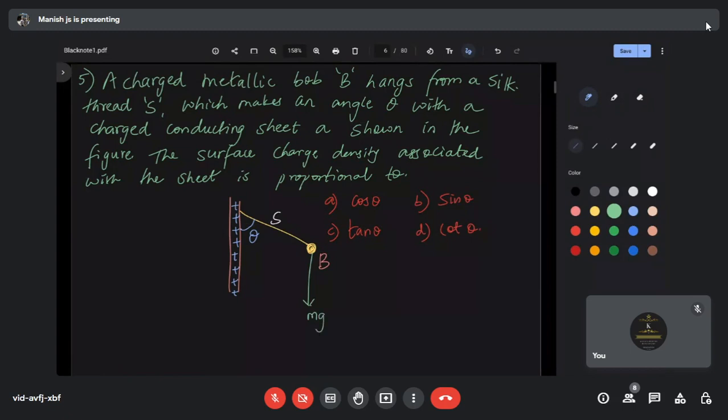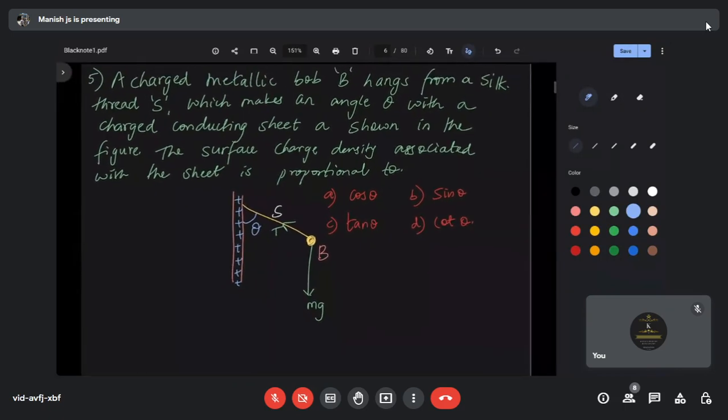Aprom tension வந்து towards tension. Here tension T acting steady. Aprom what else apart from this? Normal force. Okay, what is that component? எப்படி கண்டுபிடிப்பீங்க?